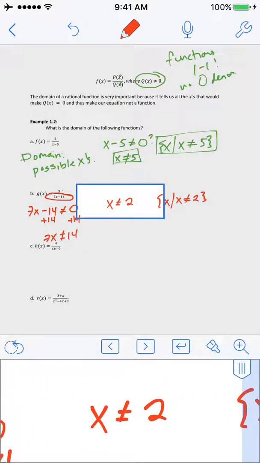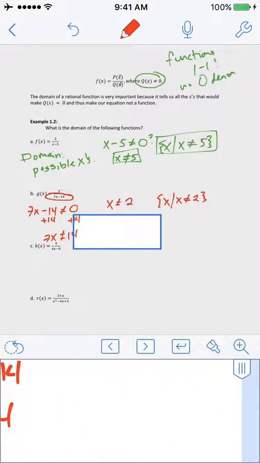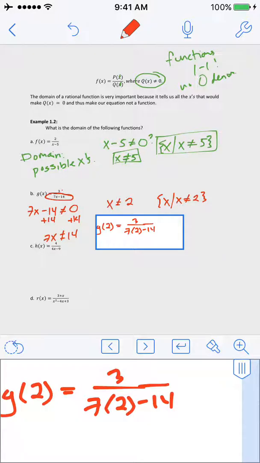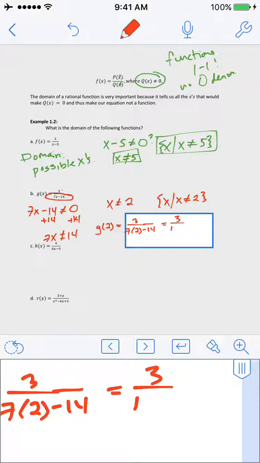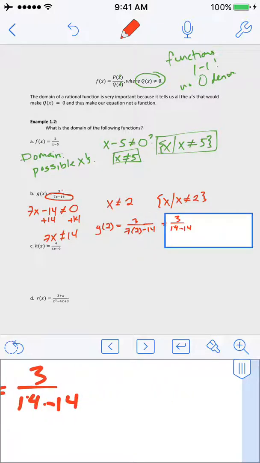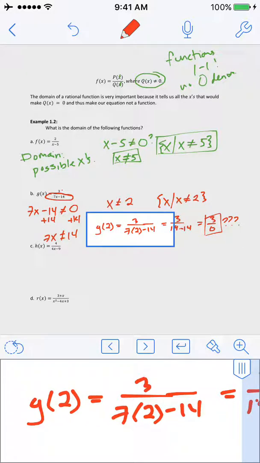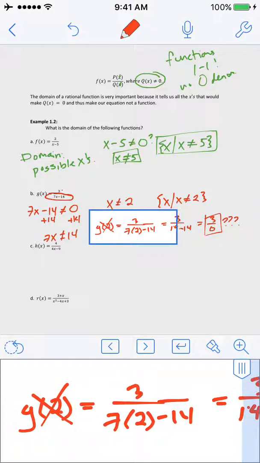But if I were to plug in a 2 there, then g of 2 is equal to 3 over 7 times 2 minus 14, or 3 over 14 minus 14, or 3 over 0, and we now have a problem because you cannot divide 3 by 0. So that would be the only one that doesn't work, right? Anything else would actually give me a number at the end, but I can't divide by 0.